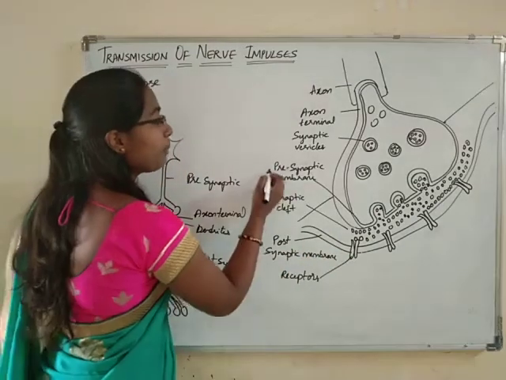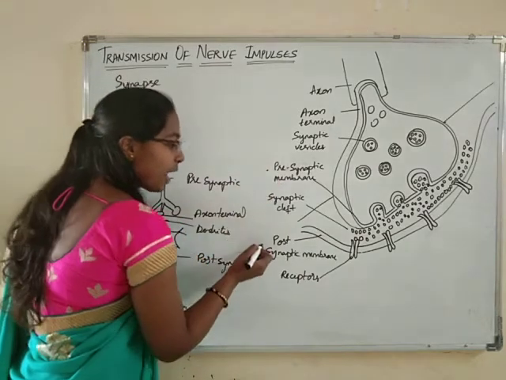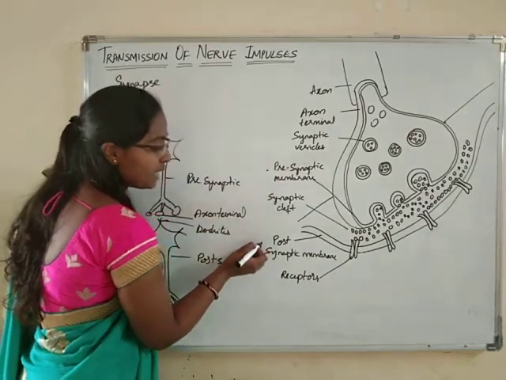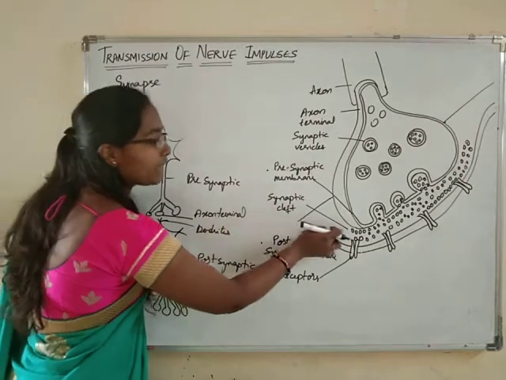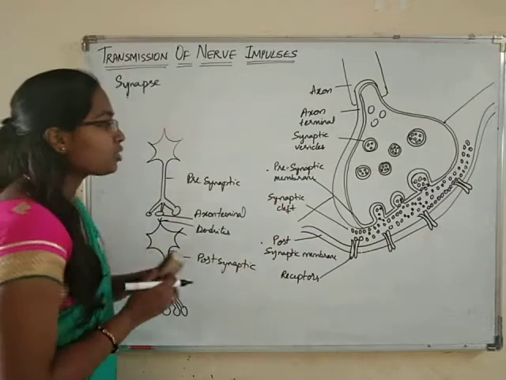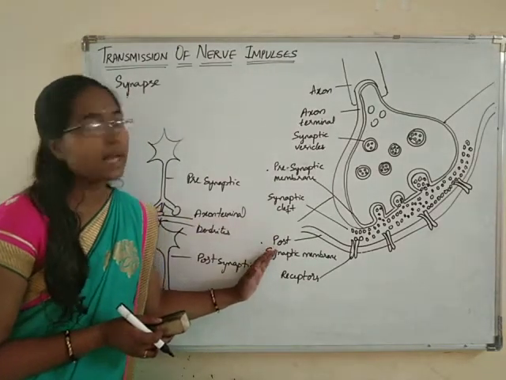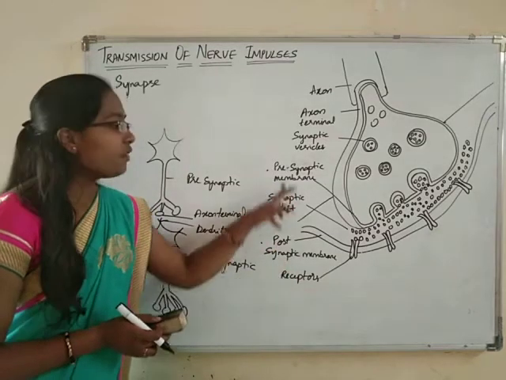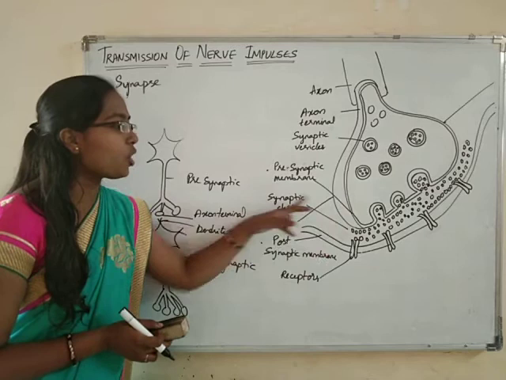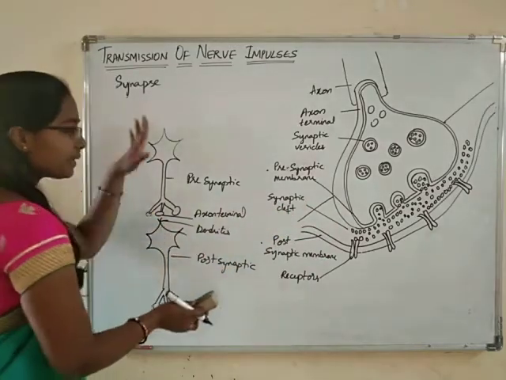The presynaptic membrane and the postsynaptic membrane are separated by a gap called the synaptic cleft. These three together form the synapse. So this part is clear.